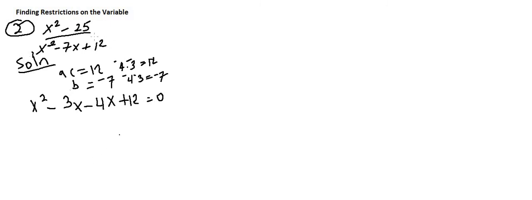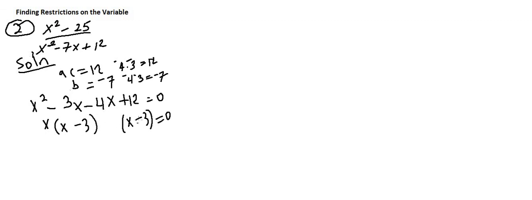Because we are looking for numbers that are not supposed to make the denominator 0. So x squared minus 3x, the common factor is x, times x minus 3. I move this to the other side. x minus 3 equals 0.